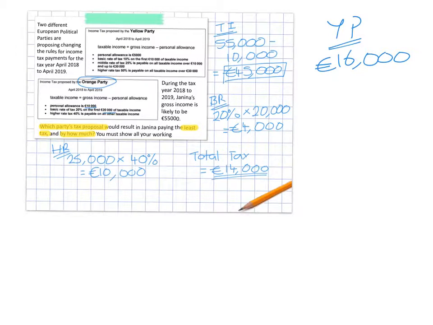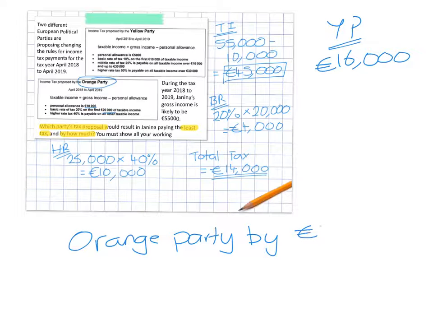So we can see here we want to pay as little tax as possible, because tax is what goes to the government, we don't see any of it. So we're going to want the least amount of tax, so we're going to say the orange party. And if we compare the two figures, it's 14,000 compared to 16,000. So the difference is 2,000 euros.